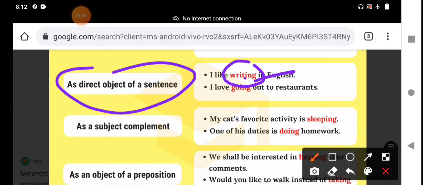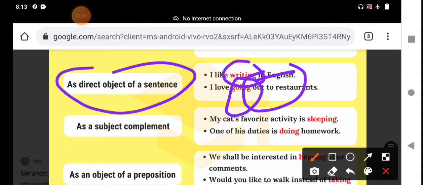Going is the object of the verb love. What do I love? Going out to restaurants. This entire phrase is called a gerund phrase, because a phrase which starts with a gerund is called a gerund phrase.